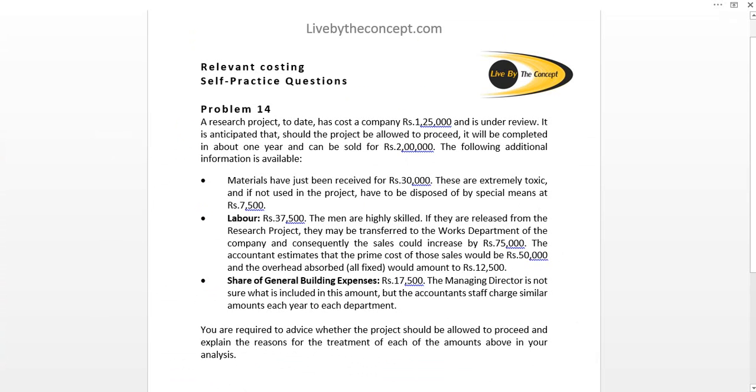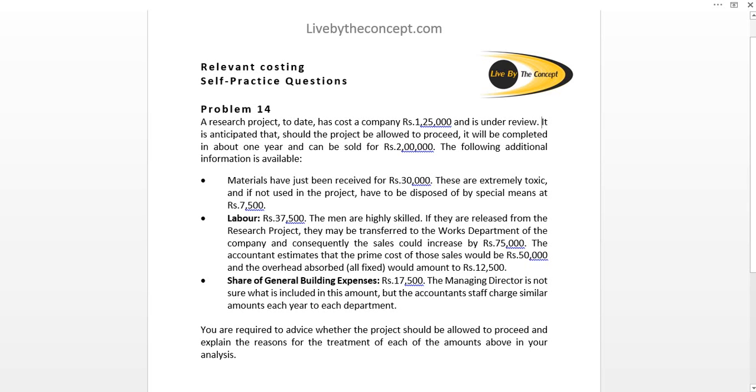The share of the general building expense is rupees 17,500. The managing director is not sure what is included in this amount, but the accountant staff charges a similar amount each year to each department. Now we need to understand that this 17,500 which we are having is the sunk cost. The way we are having 12,500, that is the absorbed cost, in the same way 17,500 is also the absorbed cost.